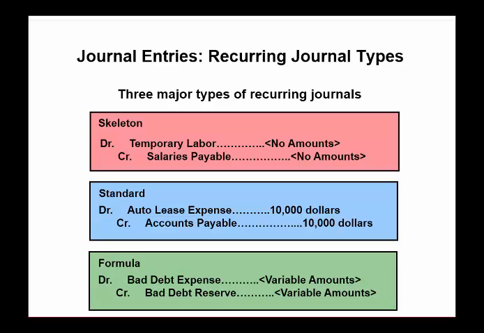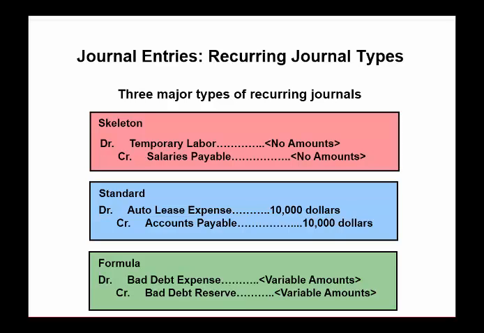So for example, bad debt. The bad debt is calculated based on a particular formula. So you set again the account and you specify the formula, and as soon as all of the variables in that formula are identified, then the exact amount is posted.